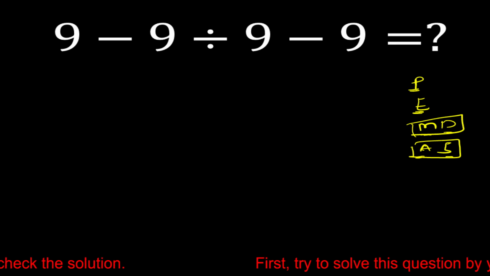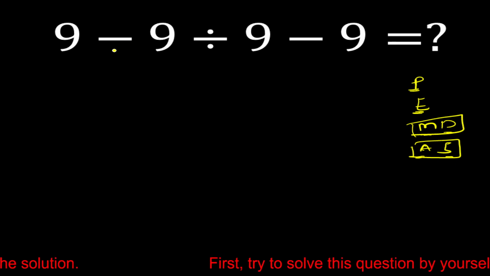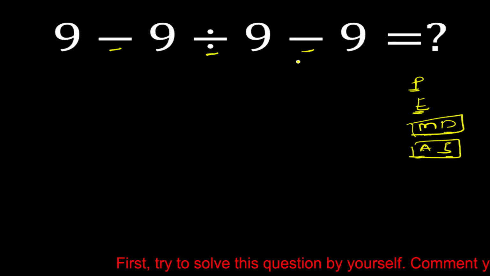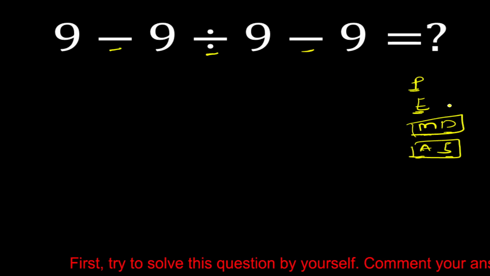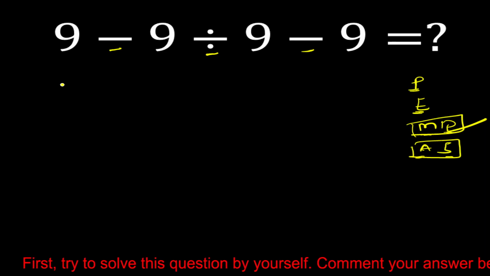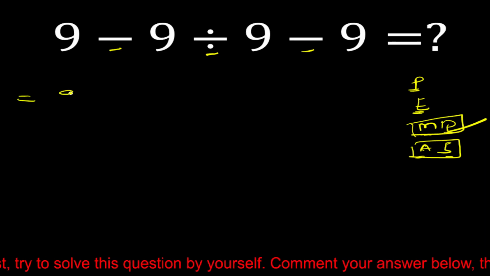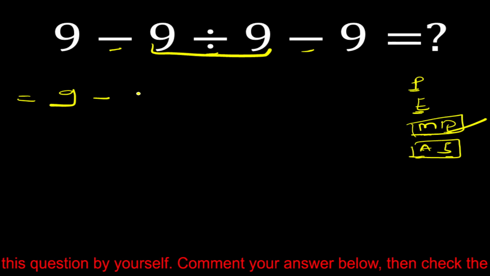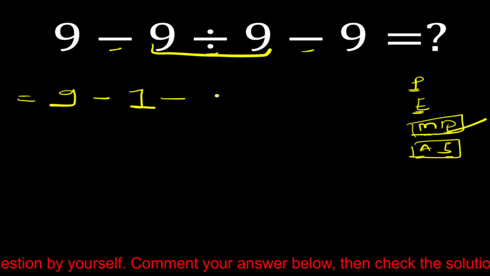So in this question, here is one subtraction, here is one division, and here is one subtraction. According to the rule, first priority is division. So 9 minus, now solve this division, 9 divided by 9 is equal to 1, minus 9.